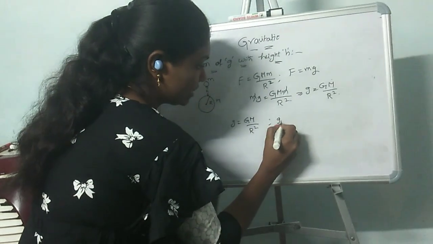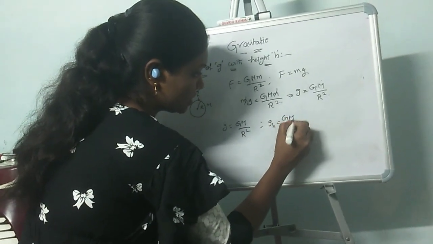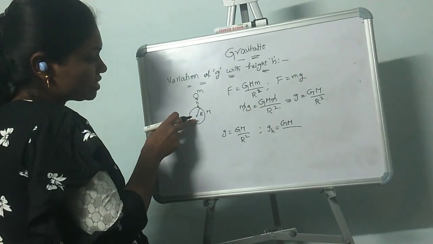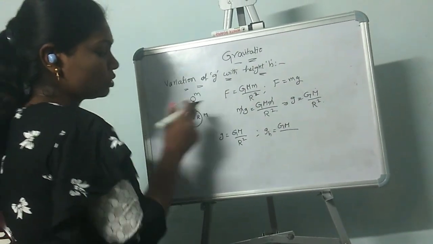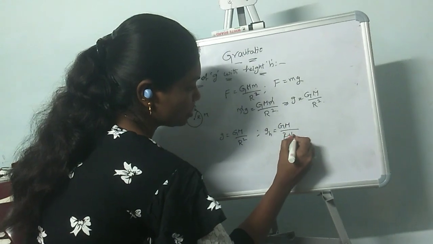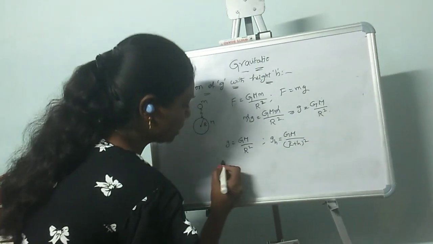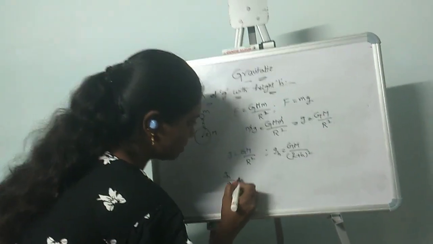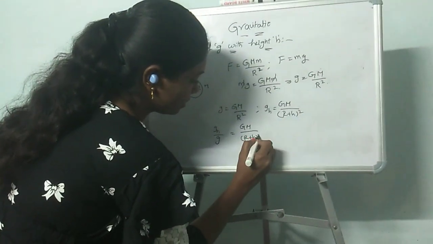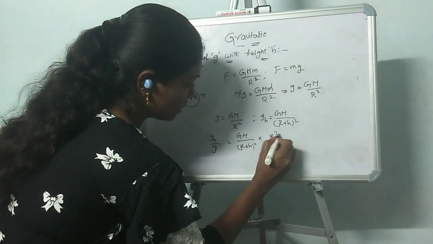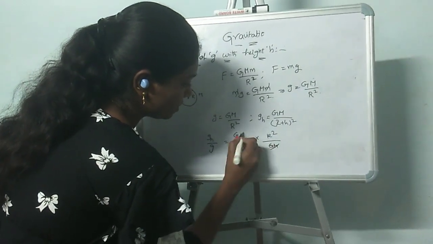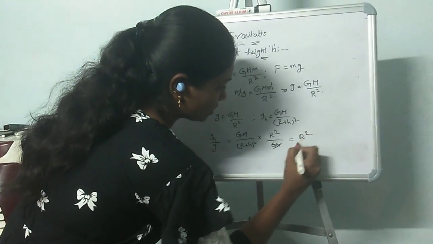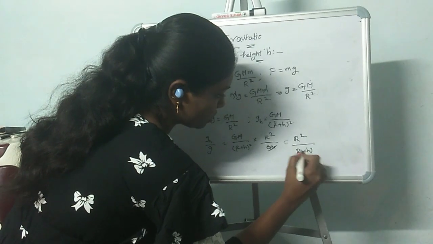At a height h, R is replaced with R plus h, so gh equal to GM by R plus h whole square. Multiplying by R square by GM, they cancel, giving R square by R plus h whole square.